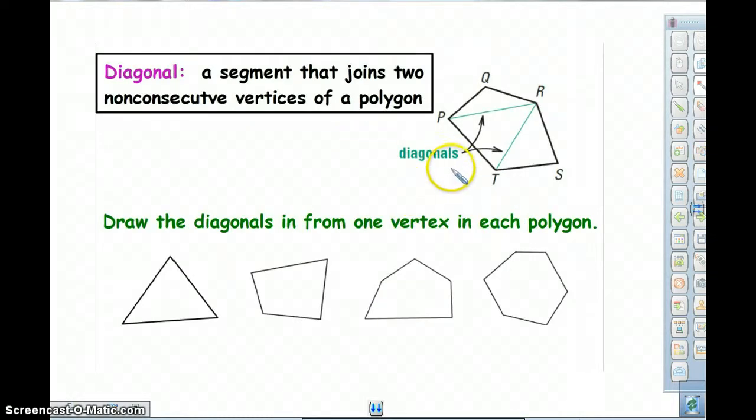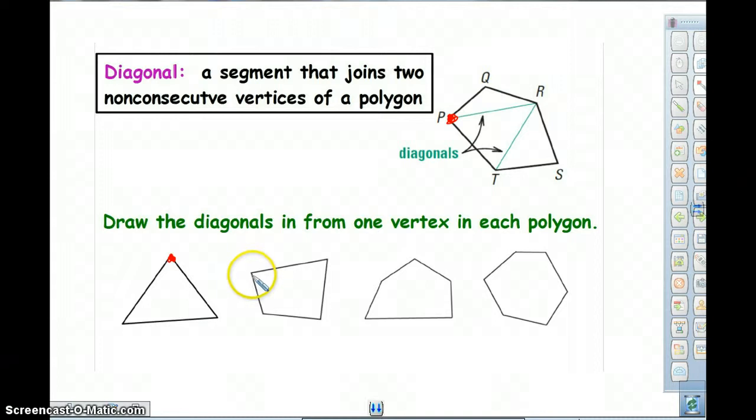When we talk about diagonals of a polygon, that is when I go from a vertex to a non-consecutive vertex. So in this case, if I'm going from right here and I want to draw a diagonal, I actually can't draw a diagonal because there isn't any vertex that's not consecutive to it.